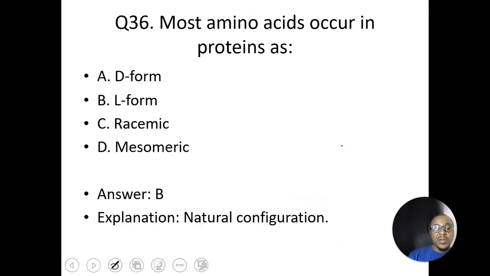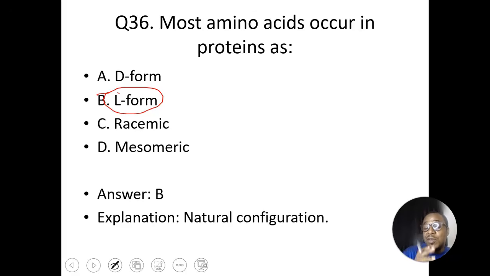Most amino acids occur in proteins in the L form, not the D form. Usually carbohydrates occur in the D form, while amino acids occur in the L form.